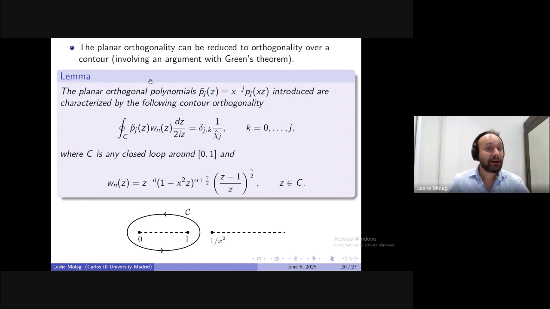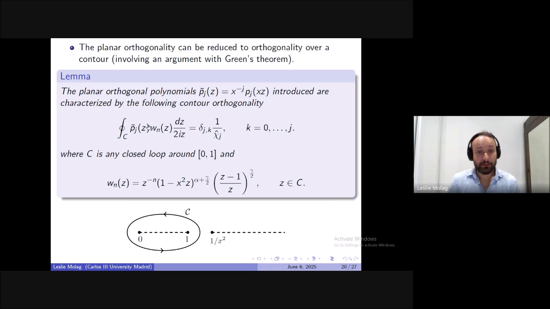So there is a lemma that we prove. Well, we rescale our polynomial. That's for convenience. It's not really essential. And then we can show that the planar orthogonal polynomials actually satisfy a certain orthogonality on a contour, some contour C, where C is any contour around the interval from 0 to 1 that doesn't intersect the interval from 1 over x squared to infinity.